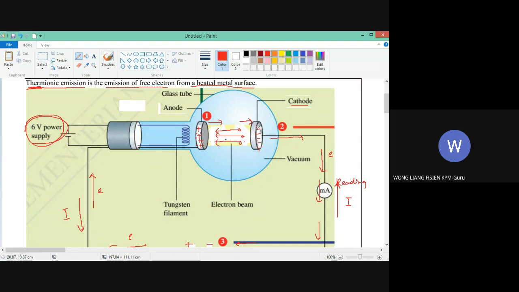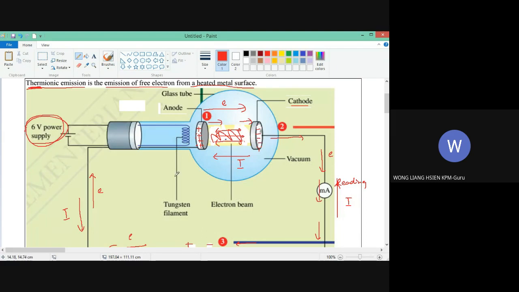So the electrons can only go in one direction, that means only from this direction to this direction. It cannot go in the opposite direction. So that means the current can only flow in one direction through this apparatus.